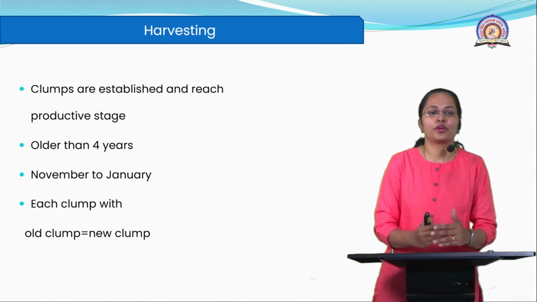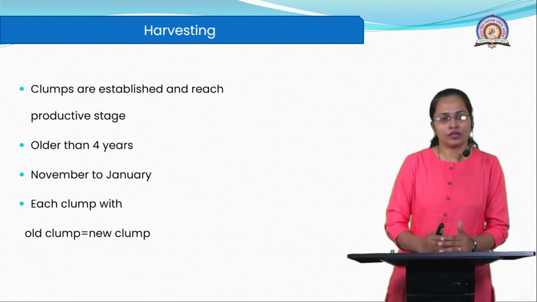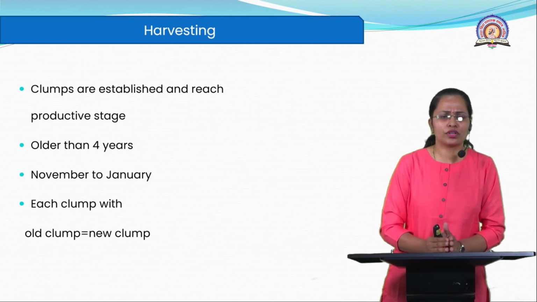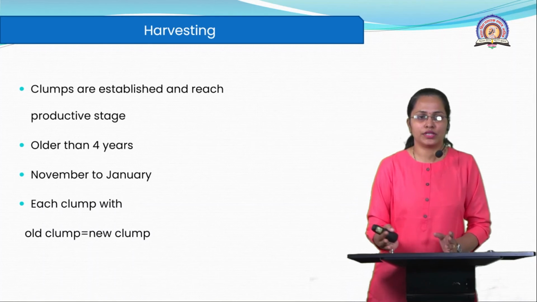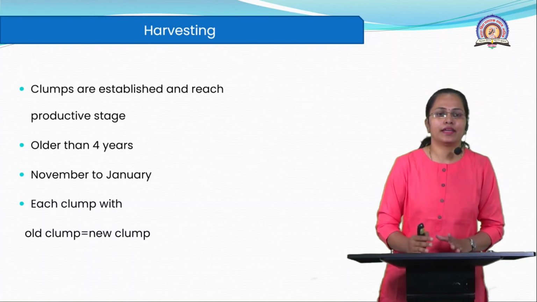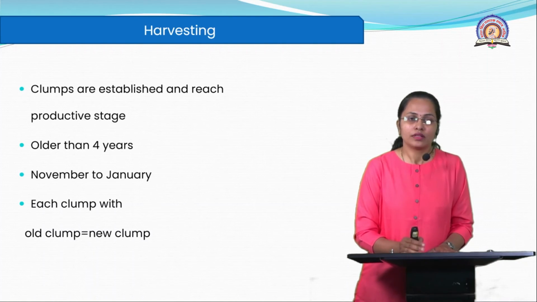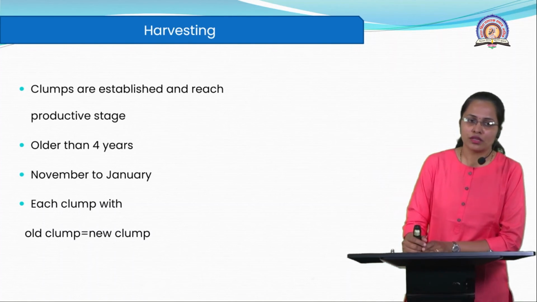The clump should not be harvested before 4 years in young condition, and it should not be harvested in very old condition either. Therefore, we have to properly select an age of near about 4 years. This harvesting should be done in the month of November to January.